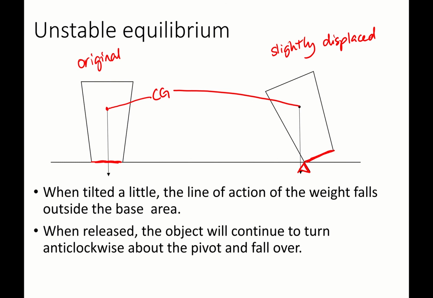And you note the line of action of the weight. This is the line of action of the weight. Now I'm going to enlarge this diagram further. And this is the pivot, the line of action of the weight, and this is a perpendicular distance.